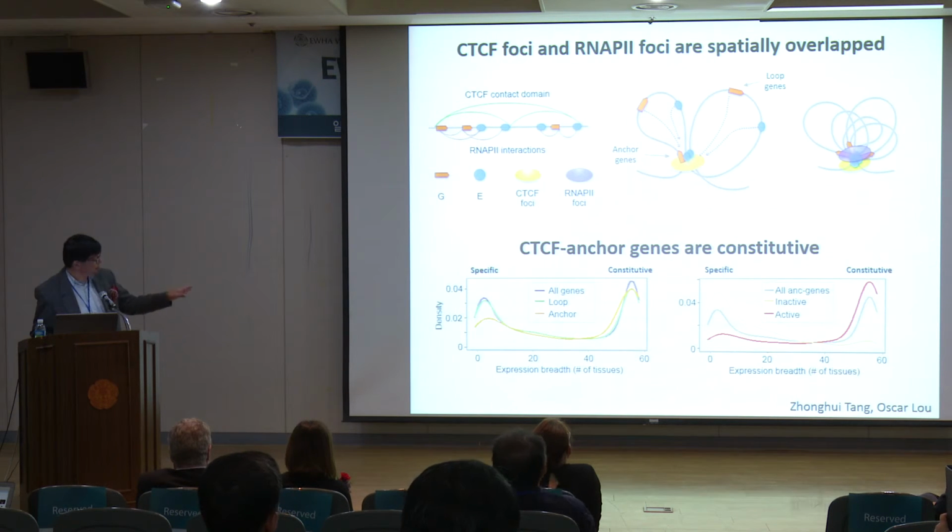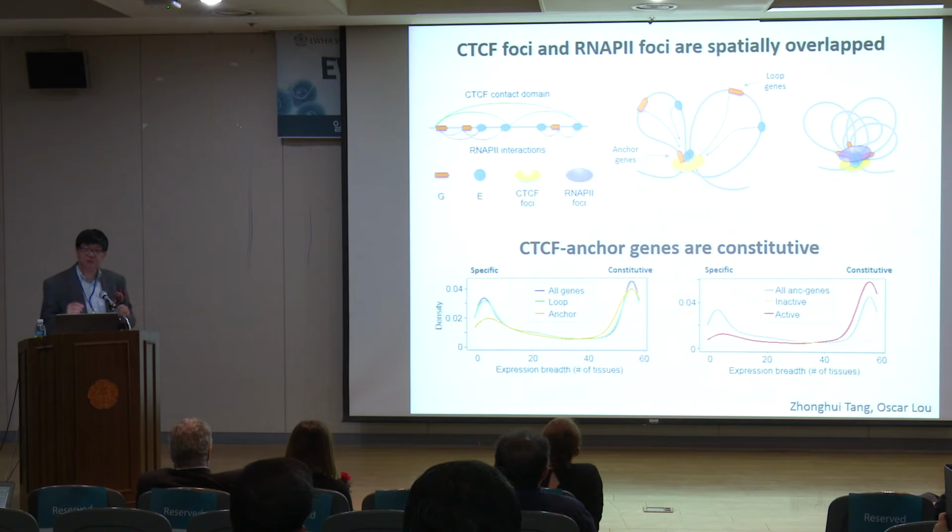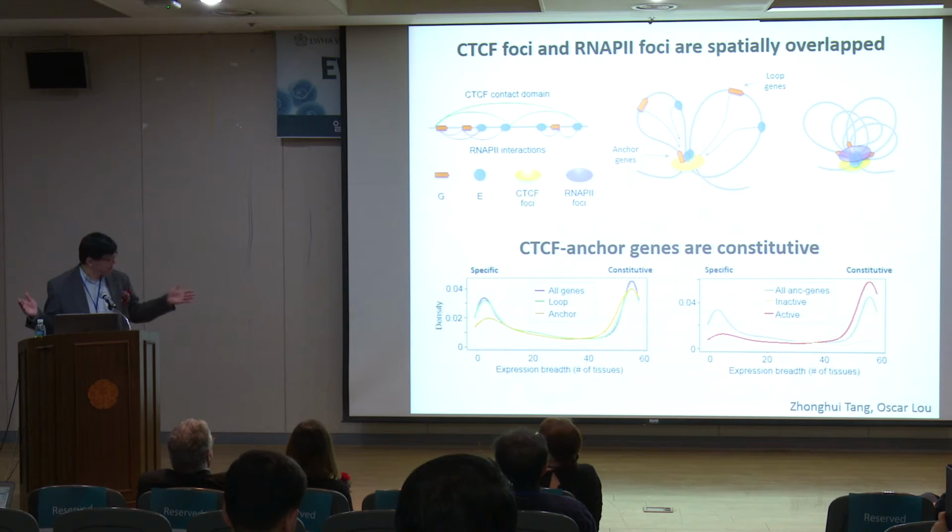Very interesting is that we also did a gene expression breadth analysis, meaning we took all the expression data from 60 different tissues. We found that most of the anchor genes, compared to the loop genes, are more constitutive and less tissue-specific in expression.